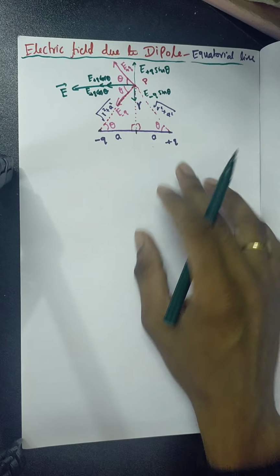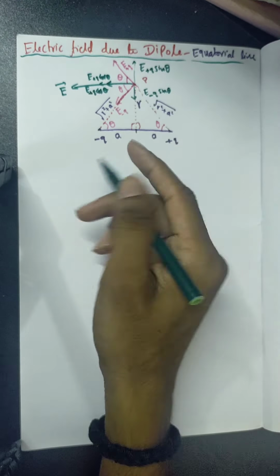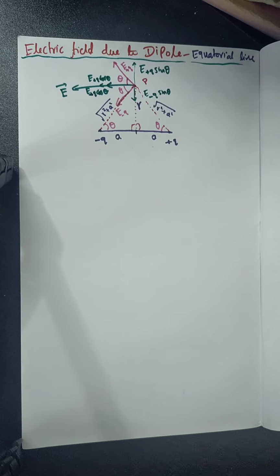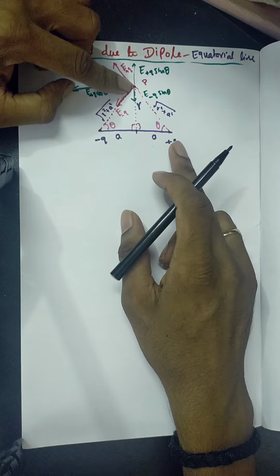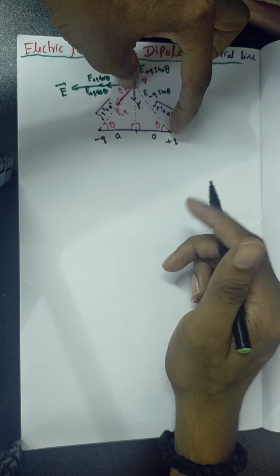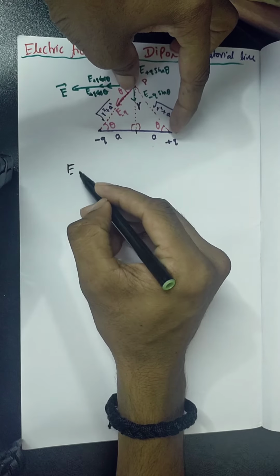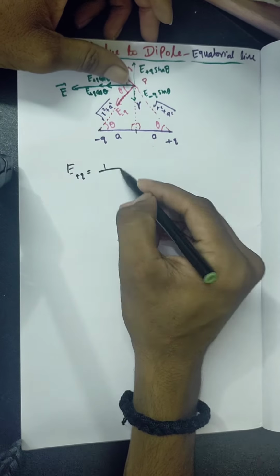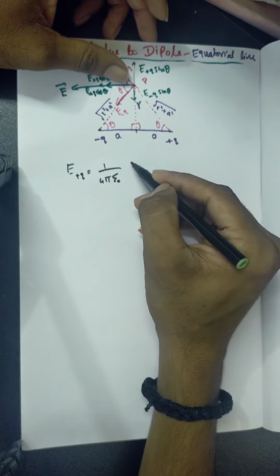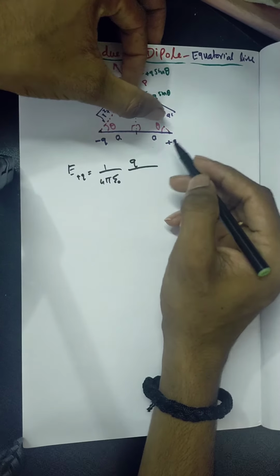Anyway, I want to find the magnitude of the electric field at this point because of this positive charge. So let me write that equation here. The magnitude of the electric field at this point because of this charge, at a distance of square root of r square plus a square, is E plus q equals 1 by 4 pi epsilon naught, the charge is q, over the distance square.